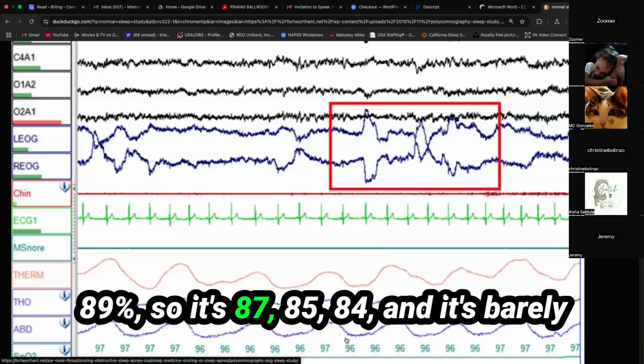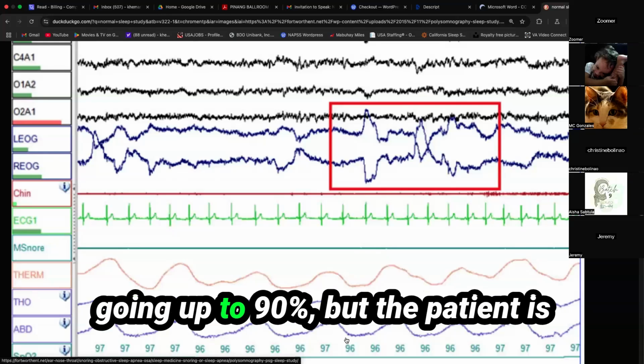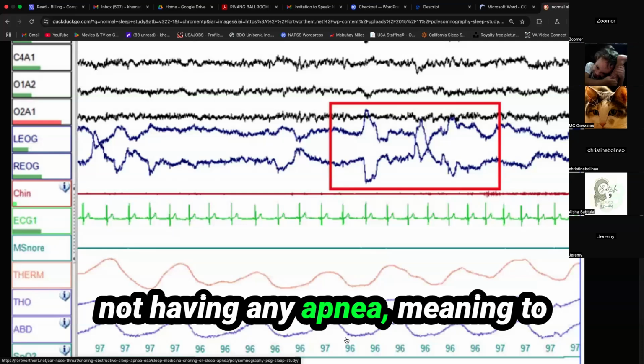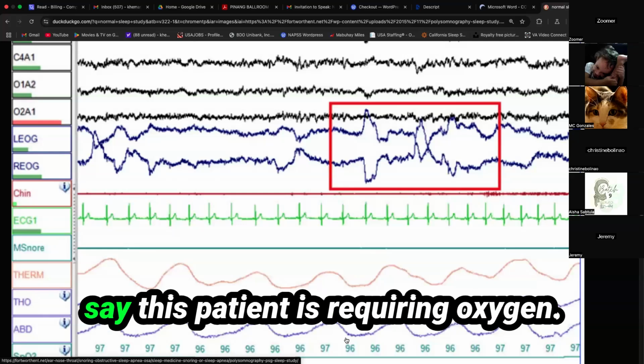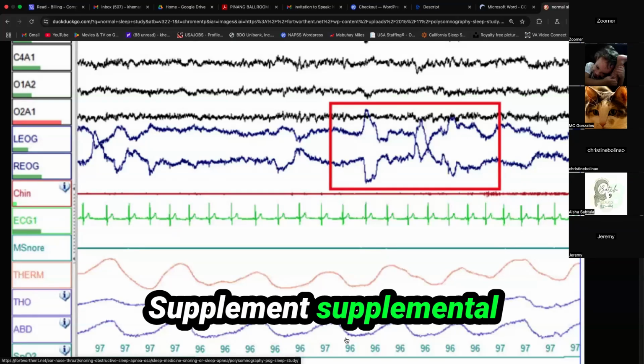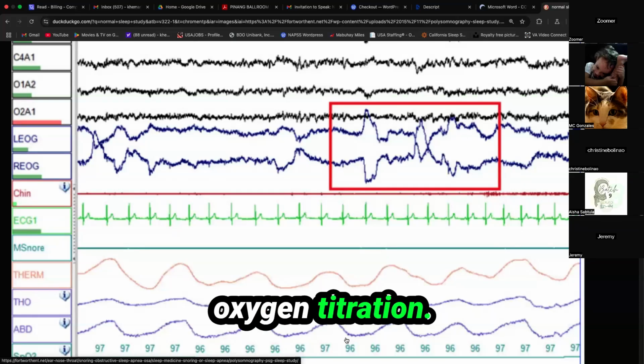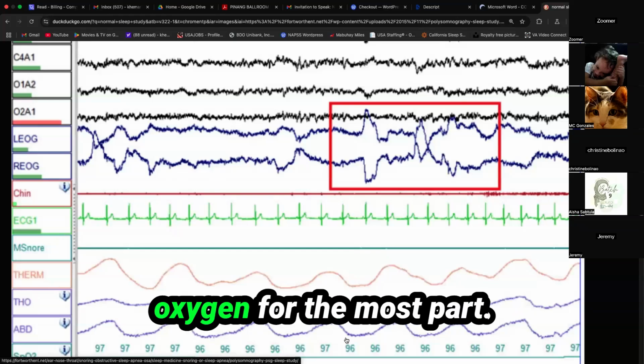So it's 87, 85, 84, and it's barely going up to 90%. But the patient is not having any apneas, meaning this patient requires supplemental oxygen titration. This is when you will introduce oxygen.